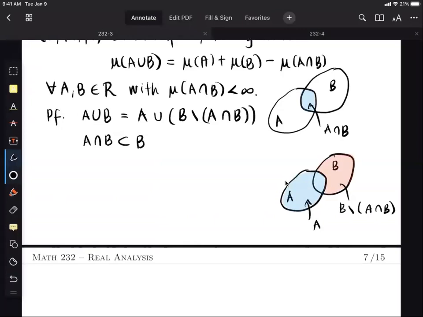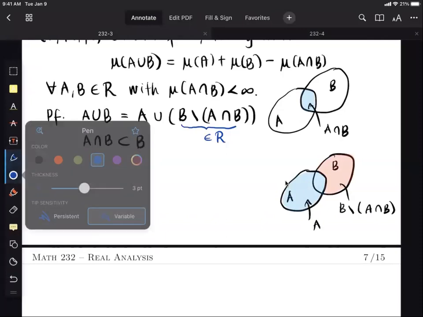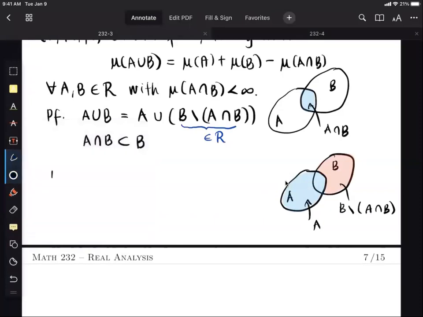Now, of course, this set difference here is also in R, or the intersection is also in R. Hence, by applying the additivity of a content, so mu of A plus mu of B minus the intersection.